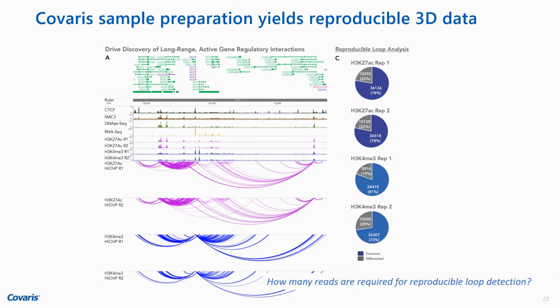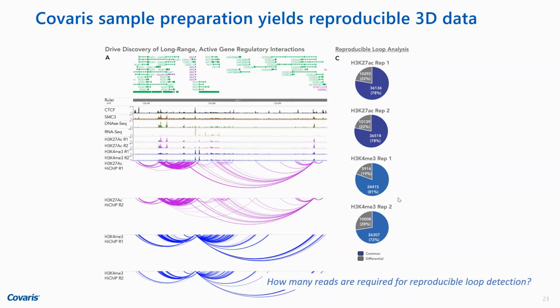As you can see, we see very nice and reproducible patterns already by looking at the patterns themselves. If we look into the bioinformatics analysis, we see for both marks in two replicates that the reproducibility rate is around 80%. That means loops that are found reproducibly in both replicates.